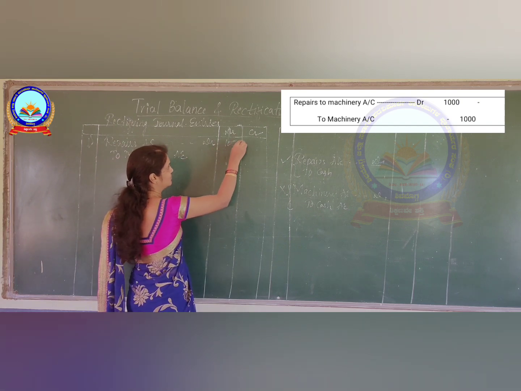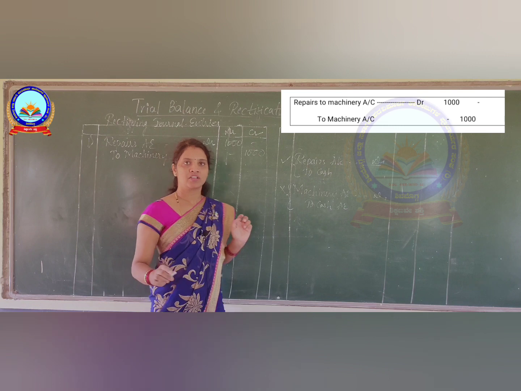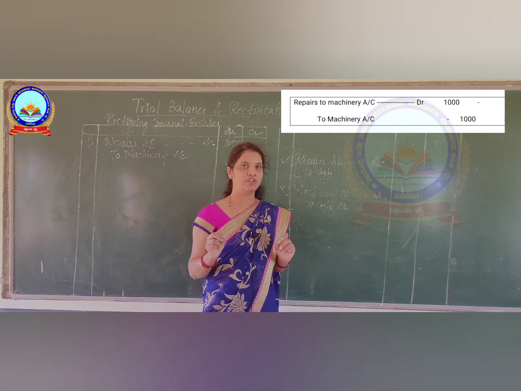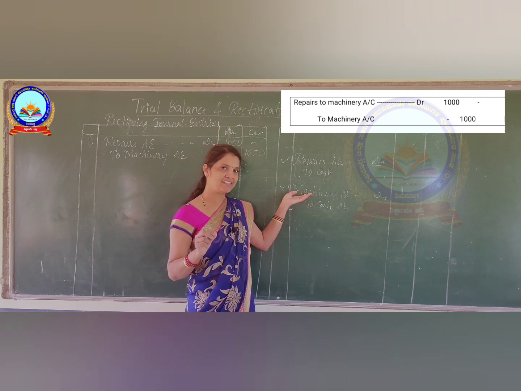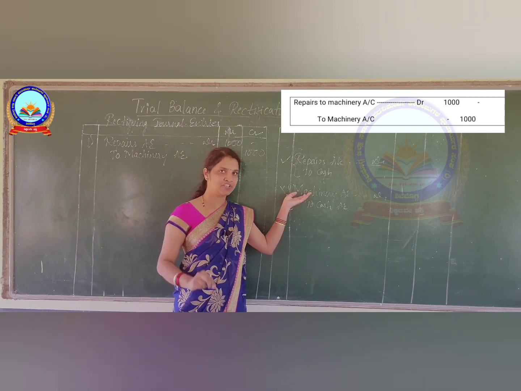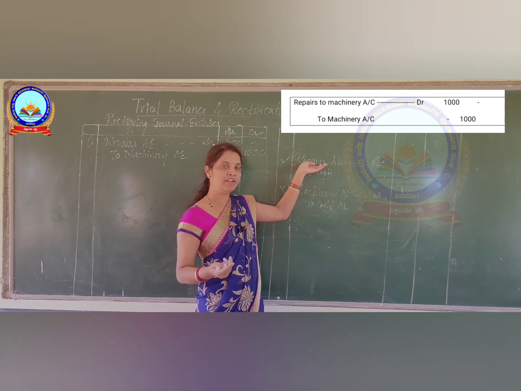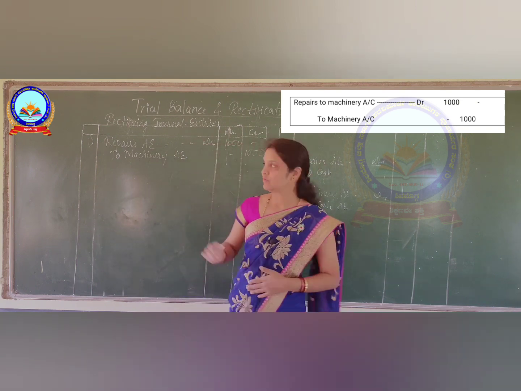Rupees 1000. So the machinery account which is debited is to be cancelled, so we credited the machinery account. The repairs account which is to be debited but not debited, now we are debiting the repairs account.